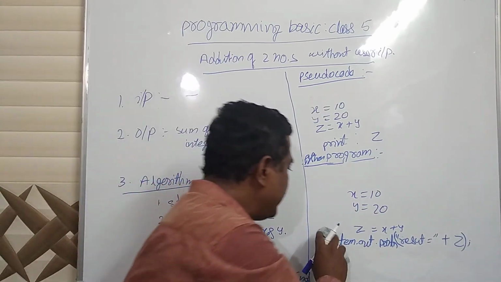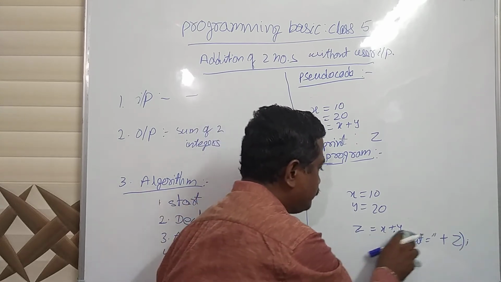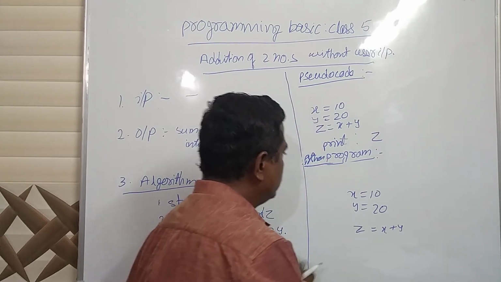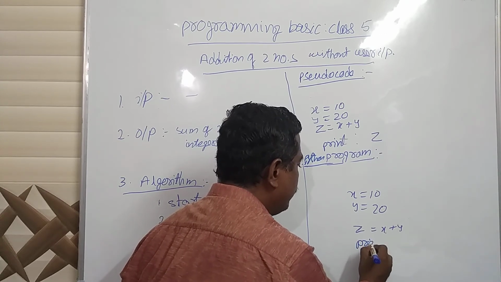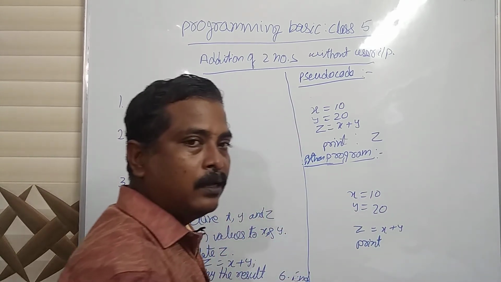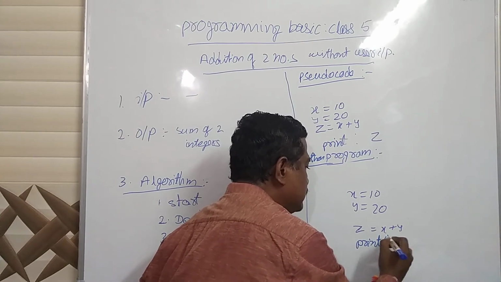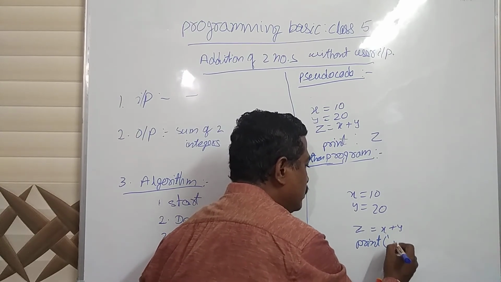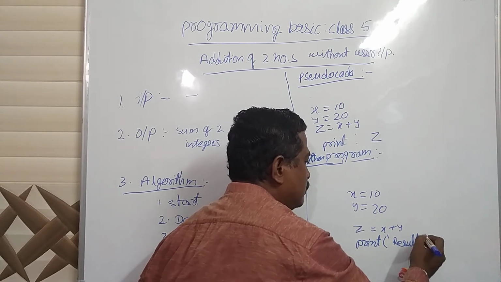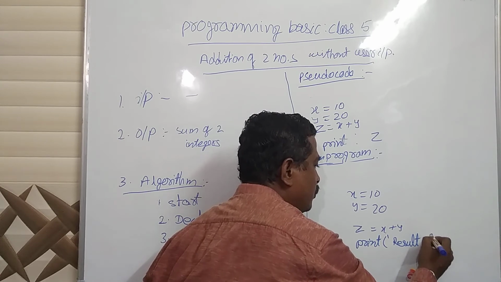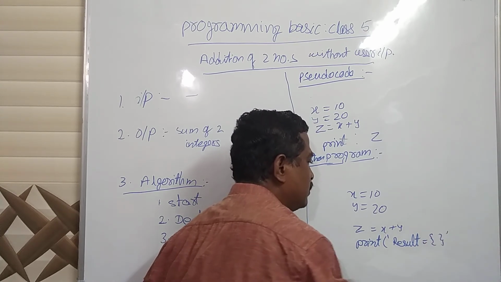Okay, now for printing purpose in a Python program, we have print. Okay, how is it used? Print, parenthesis, single quote, what you want you write, result is equal to, if you don't know any value, give a curly bracket only, don't write anything inside it, leave it.